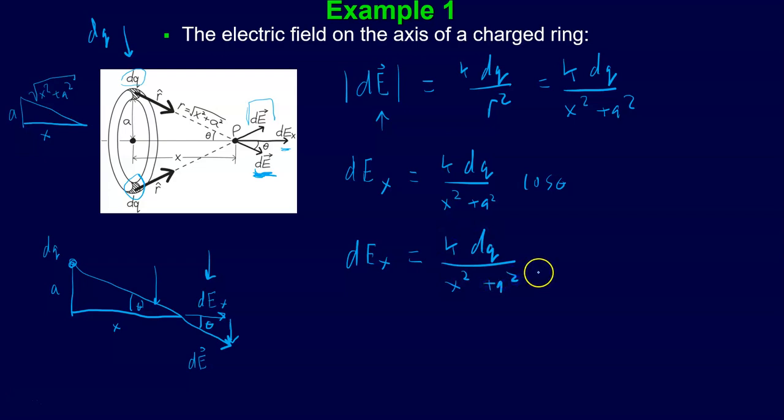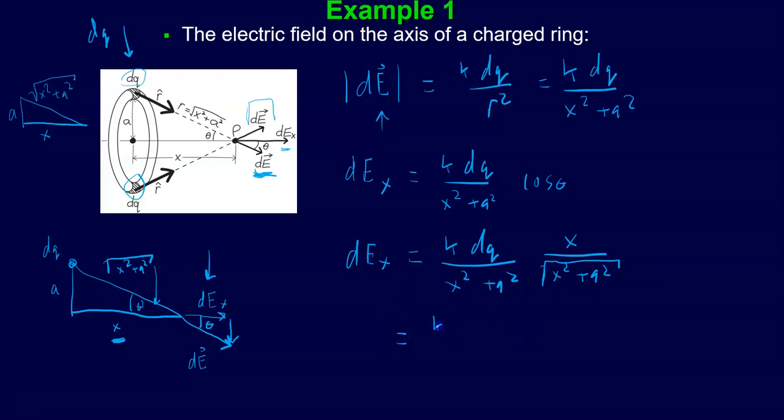In this case, so my theta, now again, I'll write up what my hypotenuse here is: square root of x squared plus a squared. When I want to write out my cosine theta, I'm going to write it as adjacent, which is x, over hypotenuse, which is that thing. So I get x over the square root of x squared plus a squared.